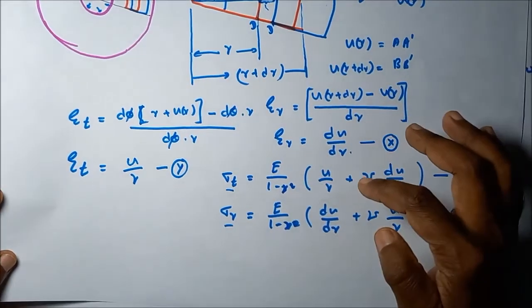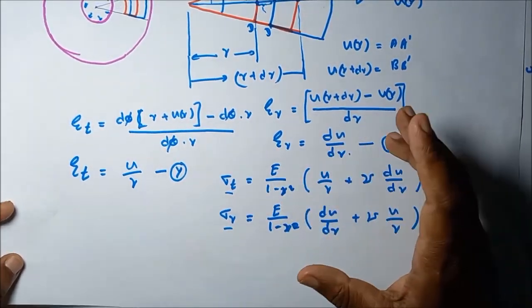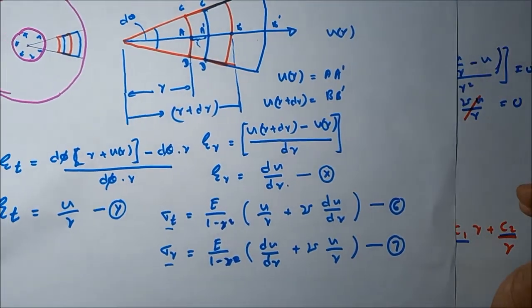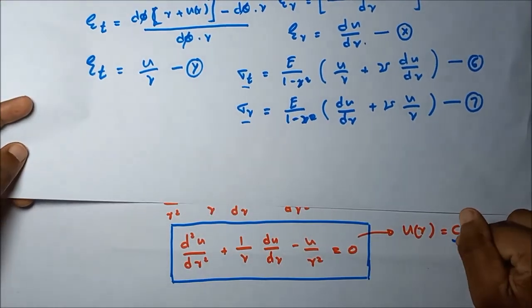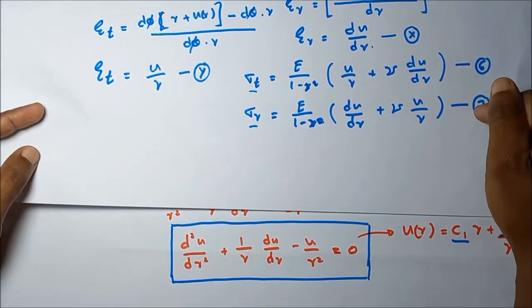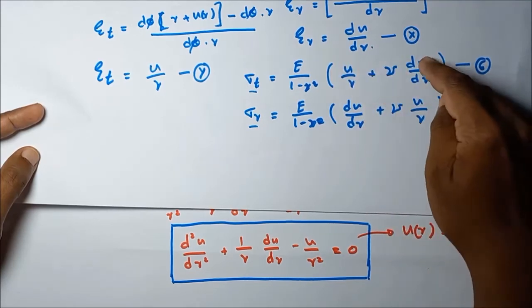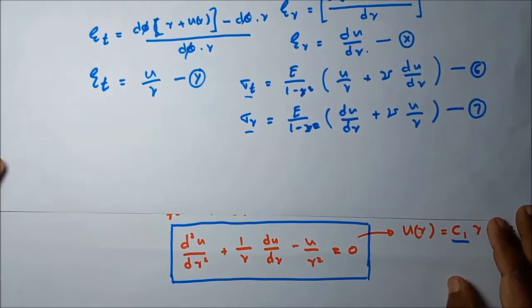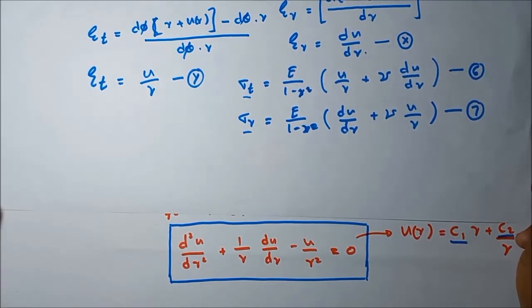Then this u function I'm going to substitute in this equation. Then we are going to substitute the boundary condition to find the unknown C1 and C2. Okay, that means this solution I'm going to substitute in equation 6 and equation 7. Let's see how to substitute that in equations 6 and 7.